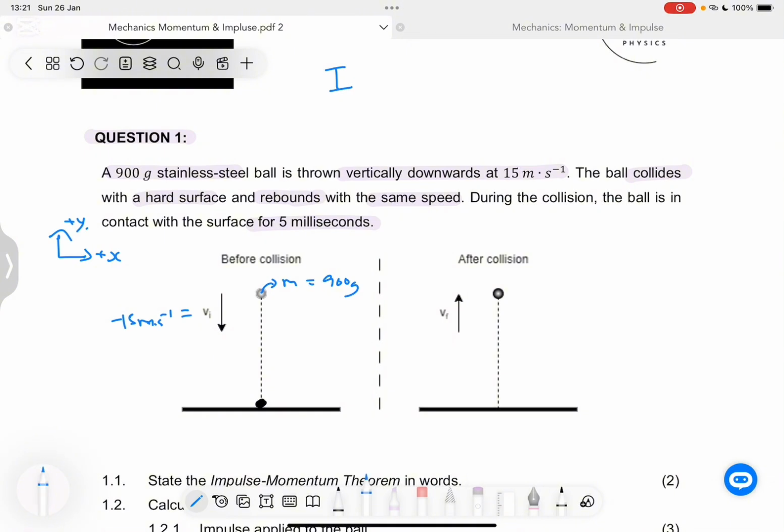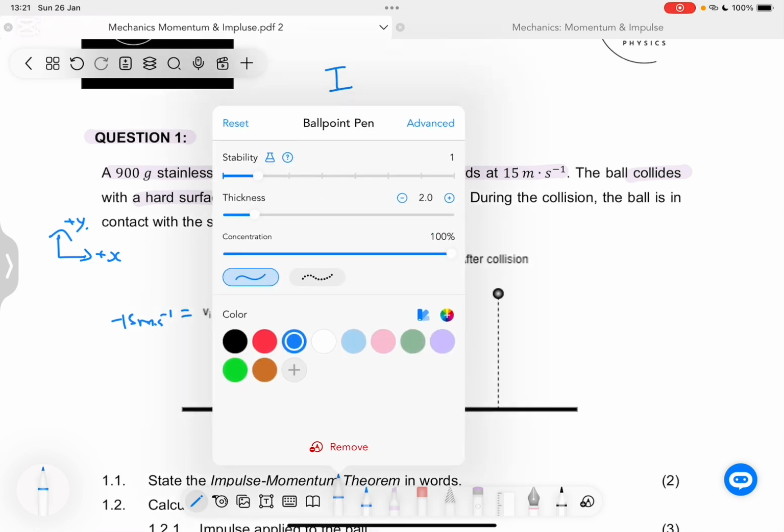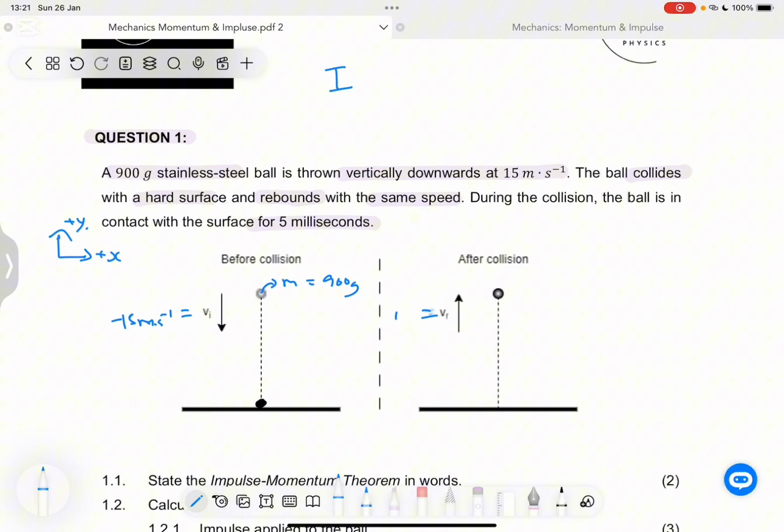Now remember that speed is a scalar quantity, so this is to say our final magnitude of the velocity is 15 meters per second. But you have to keep in mind that we want to write this as a vector, as a velocity instead, not as speed. So that means we'll consider the direction to say it is now going upwards, it's going to the positive direction, and this here would be a positive 15 meters per second.